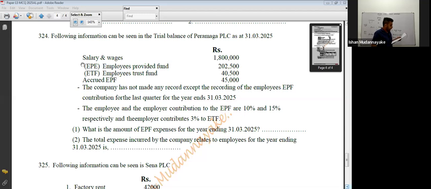So they have recorded only the employee contribution.